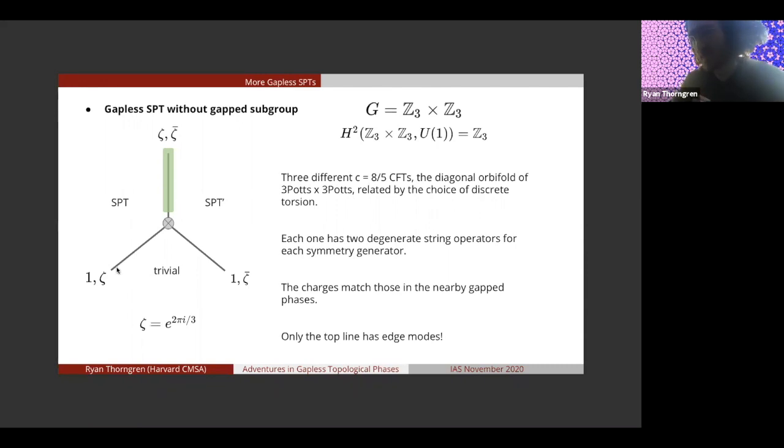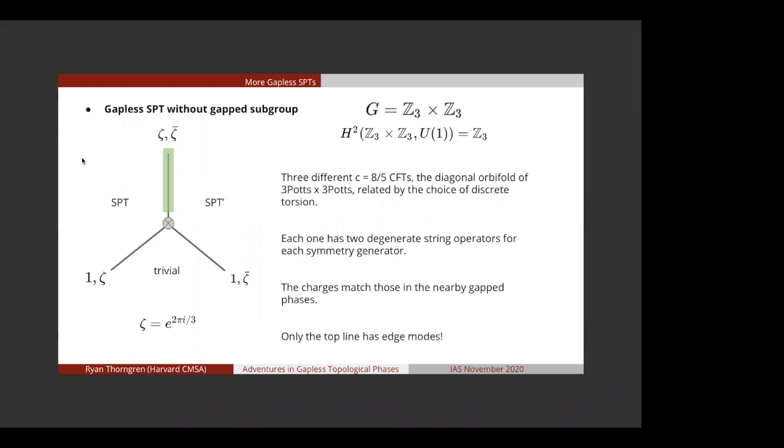It's hard to phrase exactly what this would be, but both of these lines are more or less the same CFT. They just differ by some discrete torsion. So here, the discrete torsion is changing. We think this is like SU(3) level 1, and so you can think about that as a gapless SPT transition. Does that answer your question?